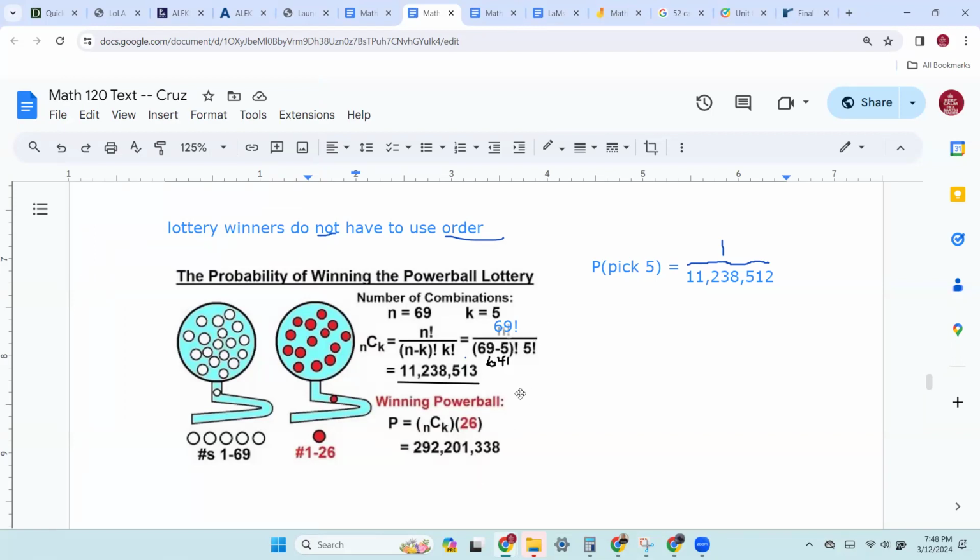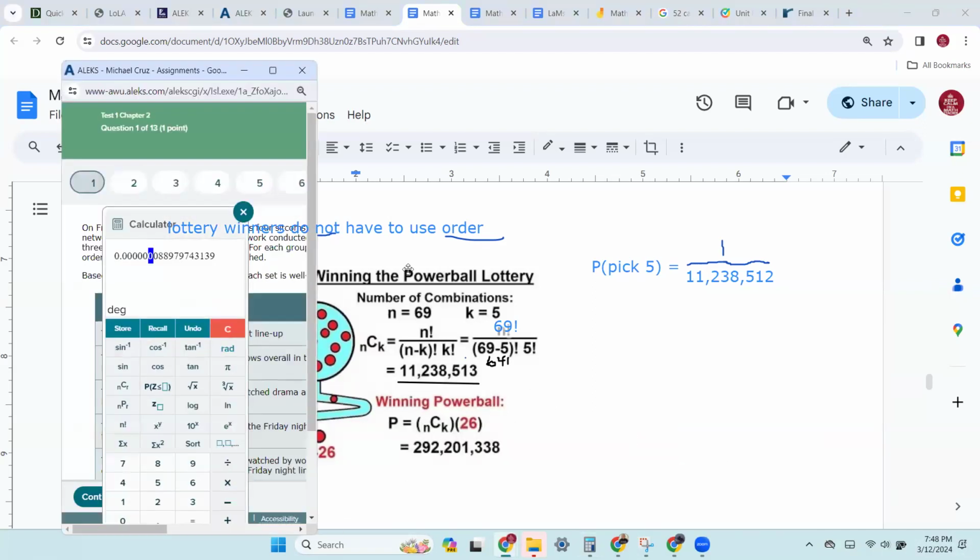So what happens then is we're going to take this 11 million, and in order to win the Powerball, you've got to have the right one of those 26 red balls. So there are 26 of those. We take the 11 million and multiply it times 26.